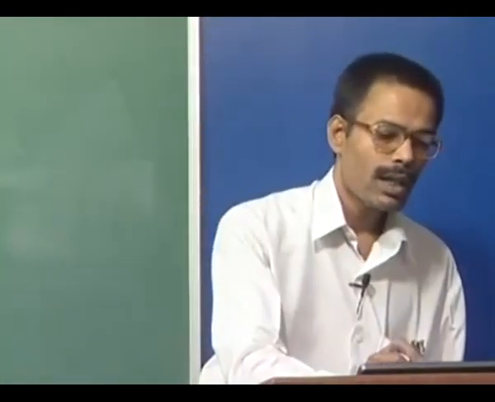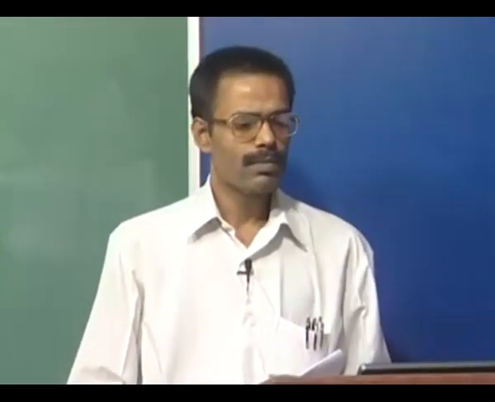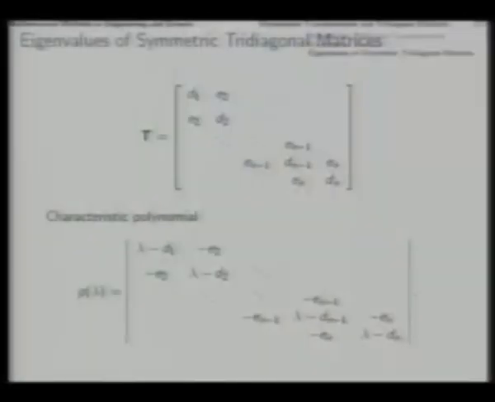So, what will be the characteristic polynomial of this? For that we have to find out the determinant of lambda I minus T. So, this is the characteristic polynomial, right, lambda minus d1, lambda minus d2 etc., sitting in the diagonal places, and minus e2, minus e3 etc., sitting in the off diagonal places.